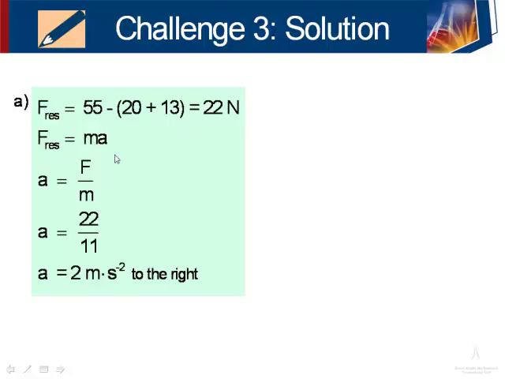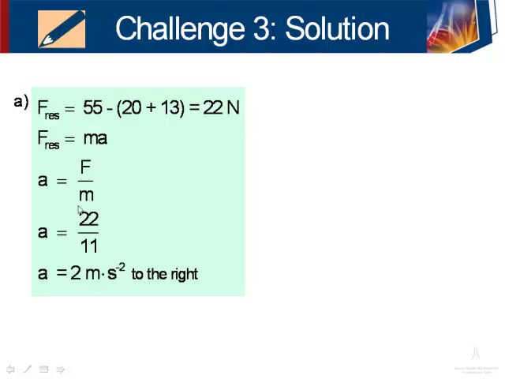We look at Newton's equation, F res equals ma, and we need to solve for acceleration. Since acceleration is force divided by mass, we've got the F res equal to 22 newtons, calculated above, and we're going to divide by the mass, which was given as 11 kilograms.